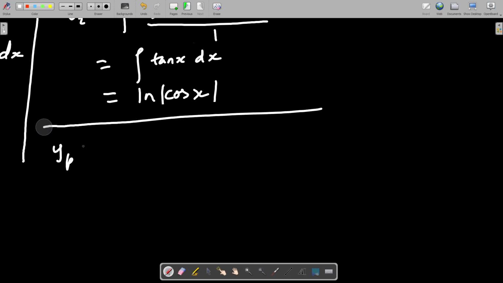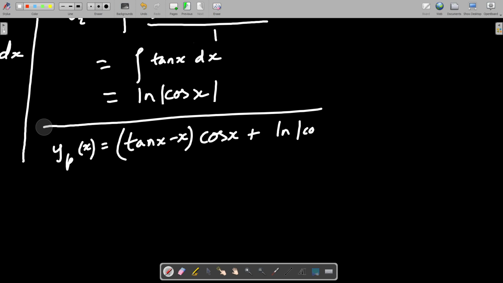So yp will become tan x minus x into cos x into ln of cos x into sin x.